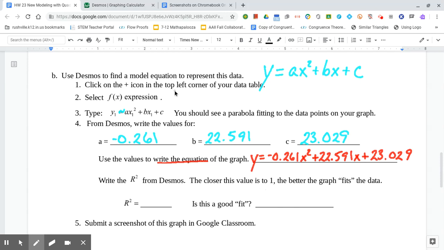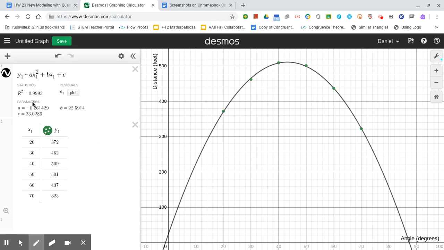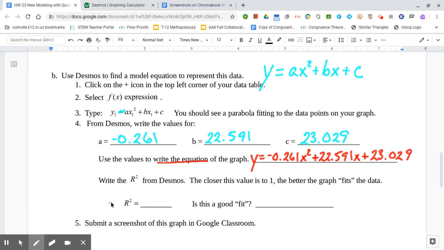And I'll give you a brief explanation for that, but let's go find it real quick. It's right up here with your other parameters. We have a statistic r squared that says r squared equals 0.9993. And so let's go ahead and record that.